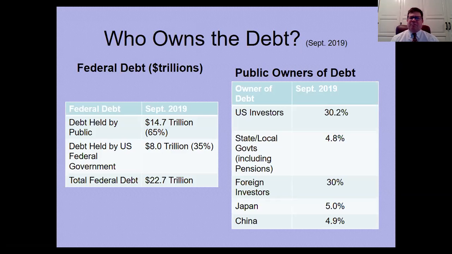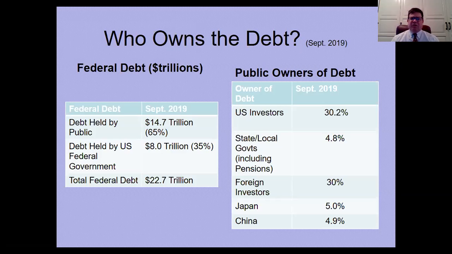And mostly most of that is in the Social Security Trust Fund, which was invested in United States treasuries. So a lot of our debt from the federal government is actually owned by the federal government itself.